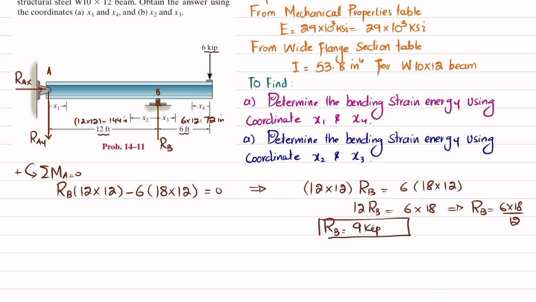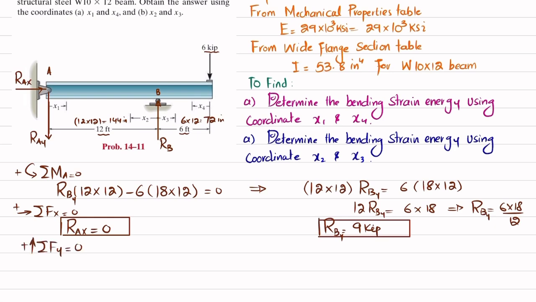This will be RBY because this is the vertical component. So RBY is 9 kips. Now we'll find RAX by using the equation of equilibrium that the sum of all forces along the x direction must be equal to 0, with force toward the right being positive. There is only the horizontal force RAX and no other force, so RAX will be equal to 0. Now we use the equation that the sum of all forces along the y direction must be equal to 0, with upward force taken as positive.